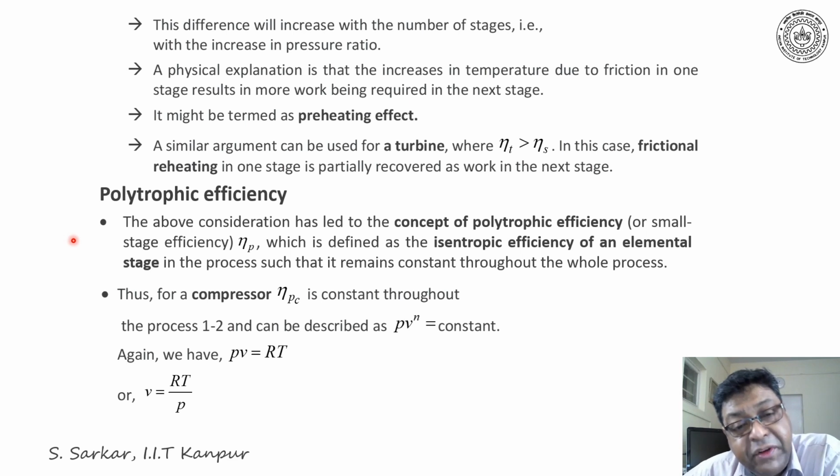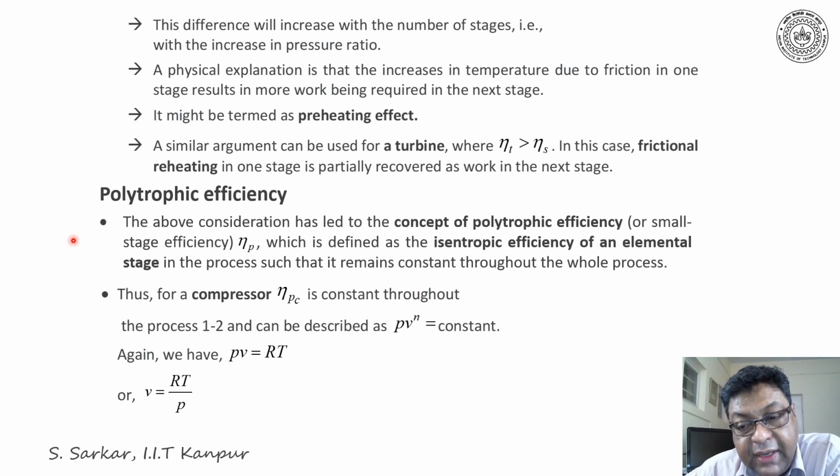Furthermore, I have defined polytropic efficiency. The above consideration, as I have discussed before, has led to the concept of polytropic efficiency, or the small stage efficiency, denoted by eta P, which is defined as the isentropic efficiency of the elemental stage in the process such that it remains constant throughout the whole process of compression and expansion.